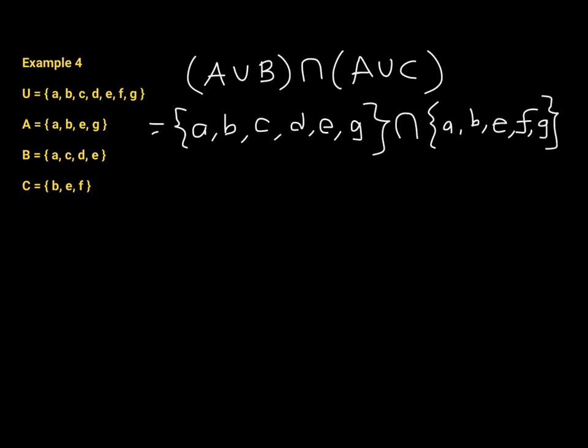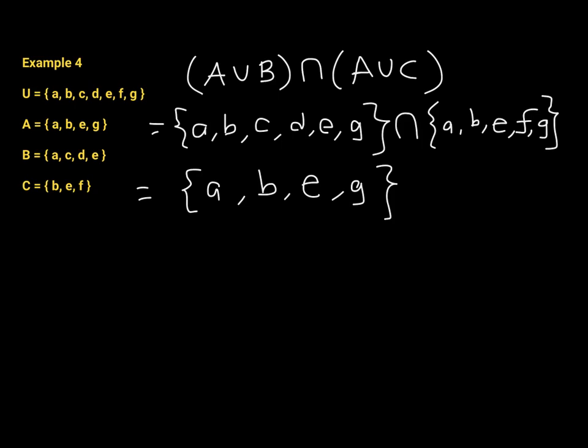There. Now we just want the intersection between these two sets, so only elements that are in both. That would be A, B, E, and G. This is the final answer.